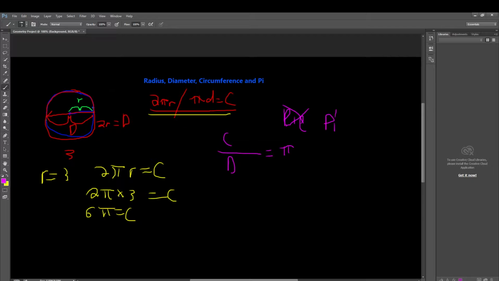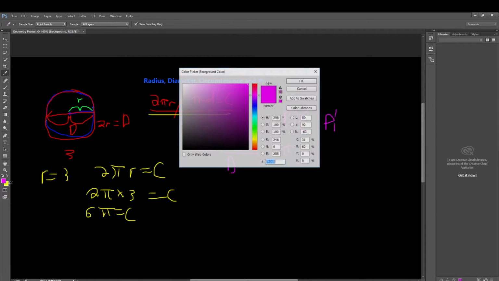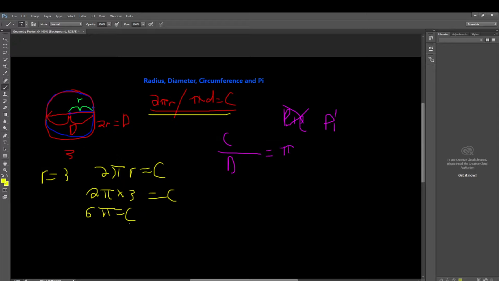So 6 times 3.14 equals 18.84. So that's a good thing to know. Now we know that the outer layer of this circle is 18.84 meters. So let's just give it a unit.